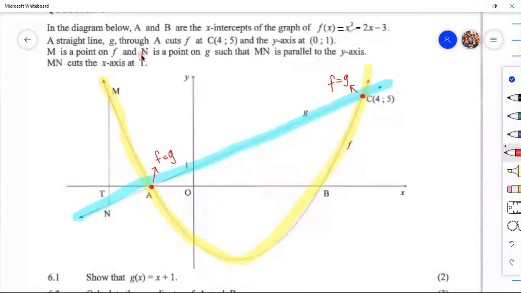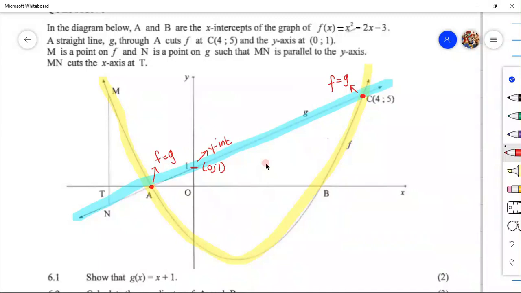So a straight line g through A cuts f at C, which has coordinates 4 and 5, and the y-axis at 0 and 1. So g cuts the y-axis over here at 0 and 1. That is our y-intercept of g, where x is 0.